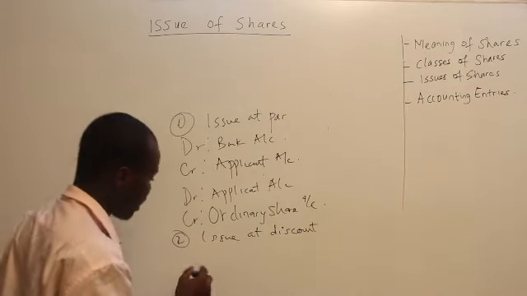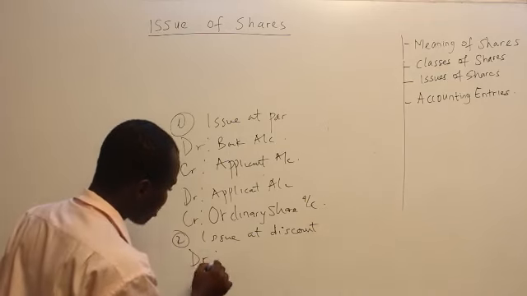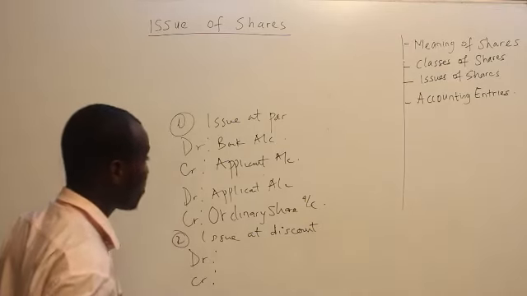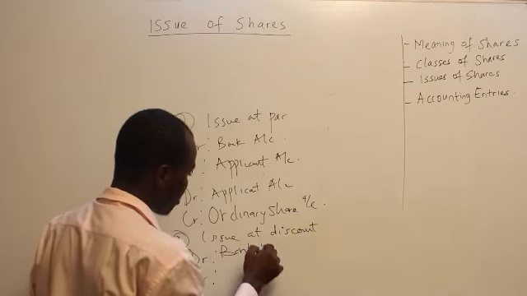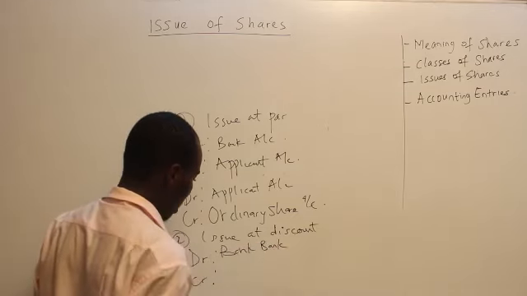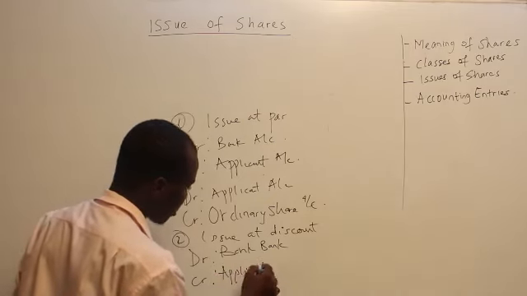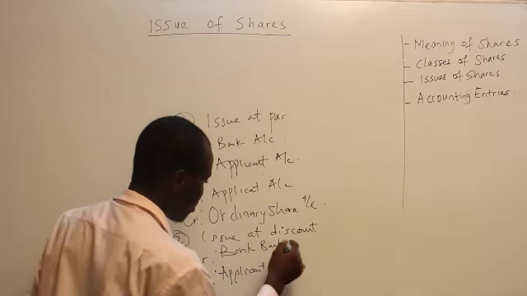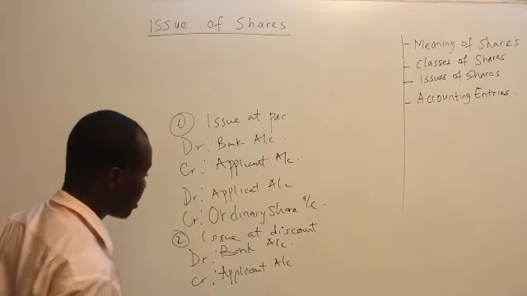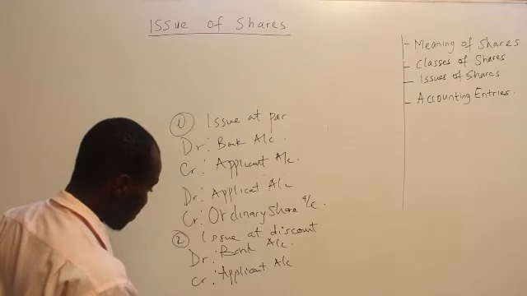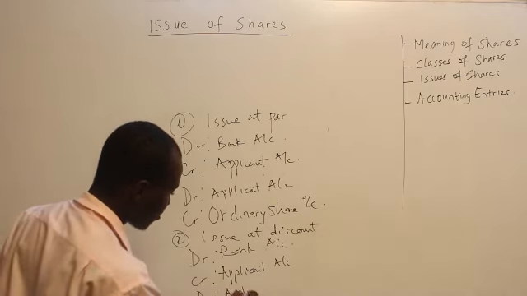If there is payment by applicants, we are going to debit the bank account and credit the applicant account. If the share is finally issued to the applicants, we are going to debit the applicant account.